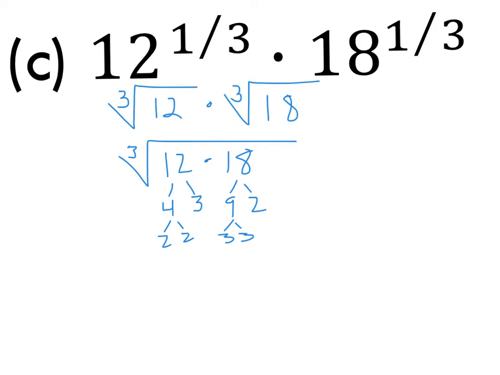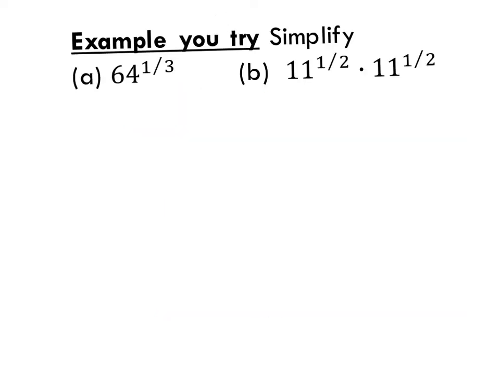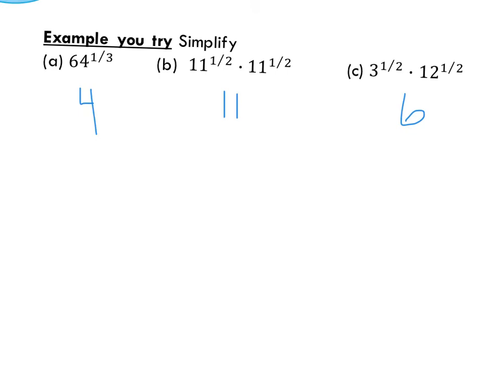And notice because we have a cube root, we want to have 3 of the same number. So we'll have 3 times 2, which is 6. Take a minute and try the next two problems. These are the answers to A, B, and C.